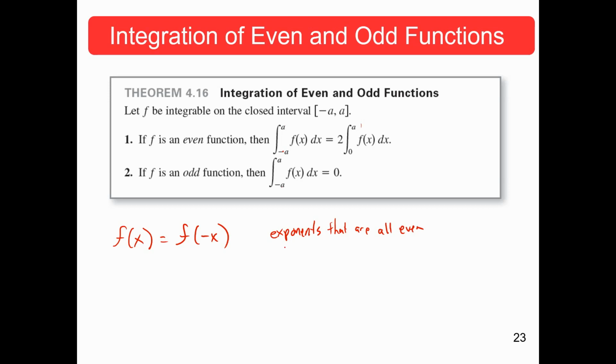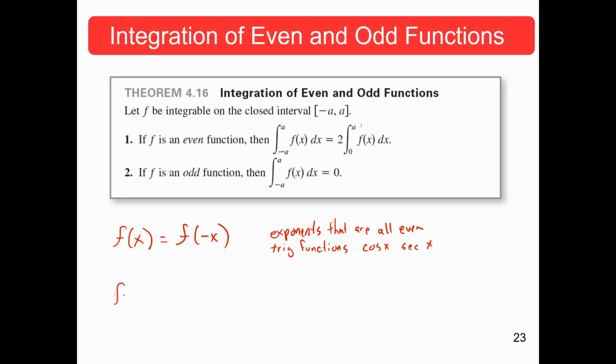We're talking about trig functions that are even, which would be cosine and secant. Those are all even things, right? So those are good places to start.